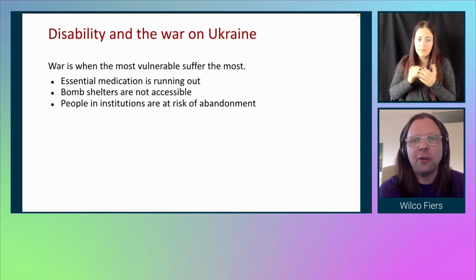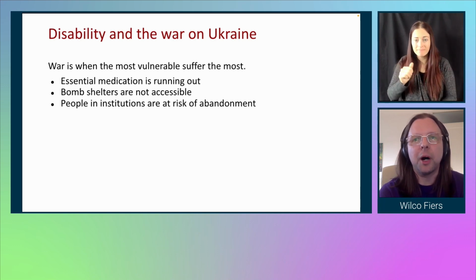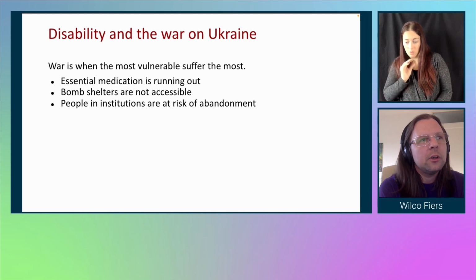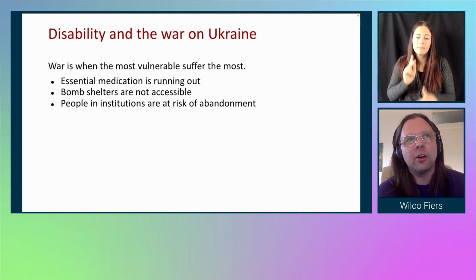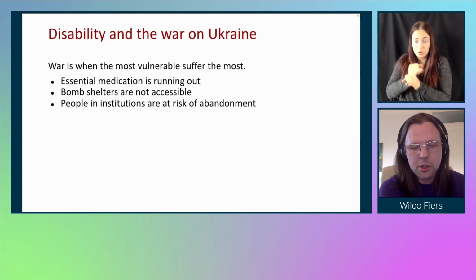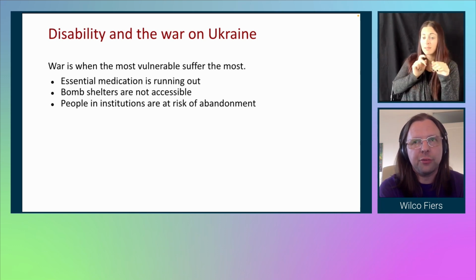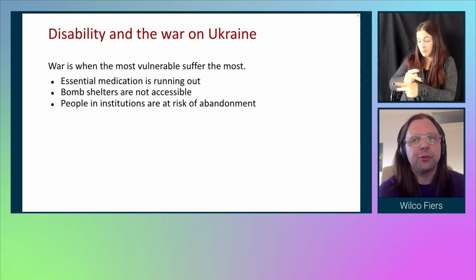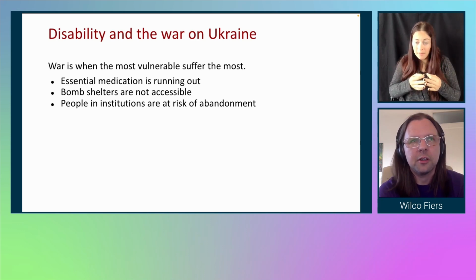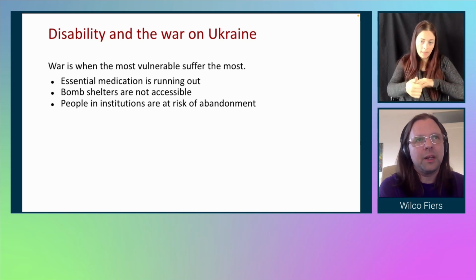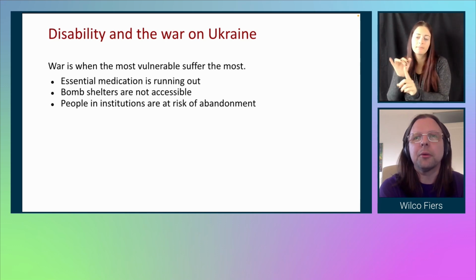Bomb shelters are often not wheelchair accessible, and so people are stuck in their homes while bombs are falling around them. People in institutions are at risk of abandonment. Their caretakers are often leaving. They're fleeing, they're taking their families to safety, and you cannot blame people for taking their children to safety. But people with disabilities are being abandoned. It's a terrible nightmare what's happening there.